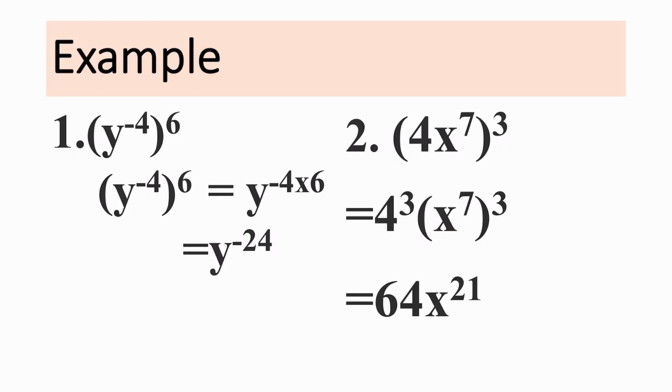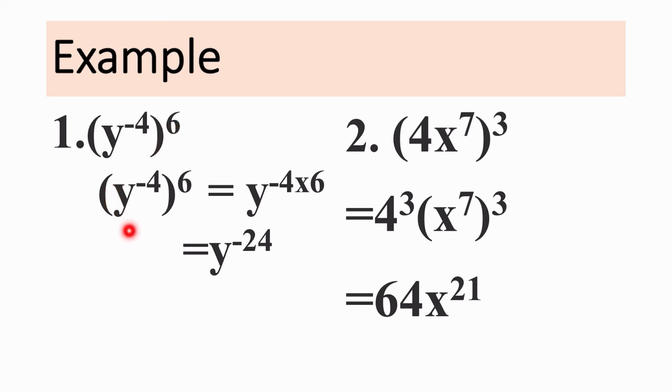Let me give some additional examples again. For the first example, we would realize that our base is y, and our power is -4. Y risen to the -4th power is bracketed and then it is risen to another power 6.